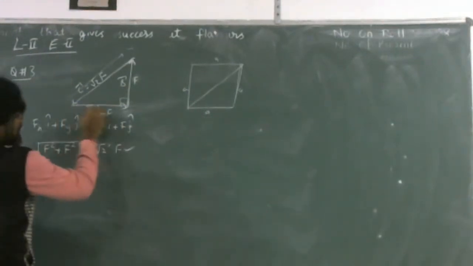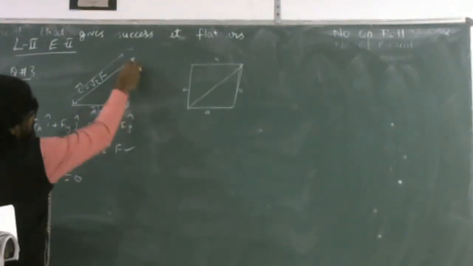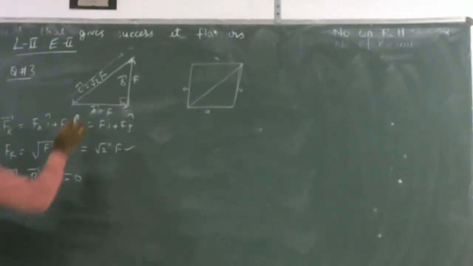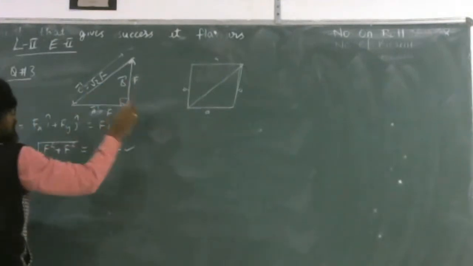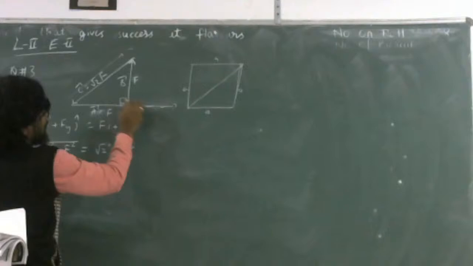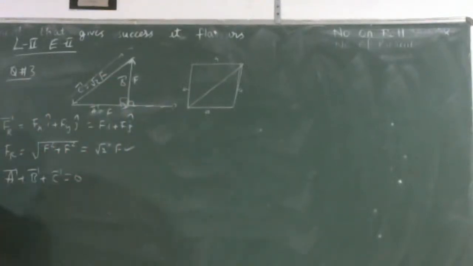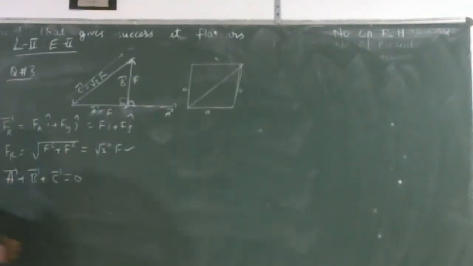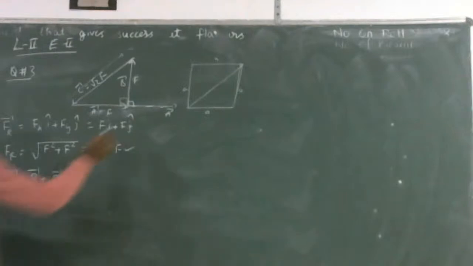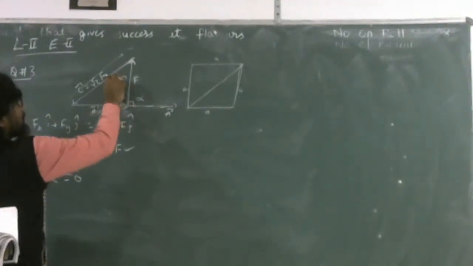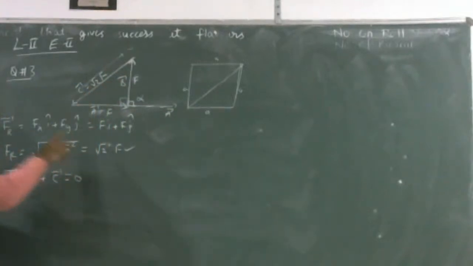Here, the head of the first is at the tail of the second, so finding this angle is not the correct way. You have to shift this vector. Let us shift it this way. Then this angle will be the angle between the first vector and second vector. This is A vector, this is B vector. What is the angle between them? 90 degrees. Is it clear? So let us say the angle between A and B is alpha, B and C is beta, and C and A is gamma.